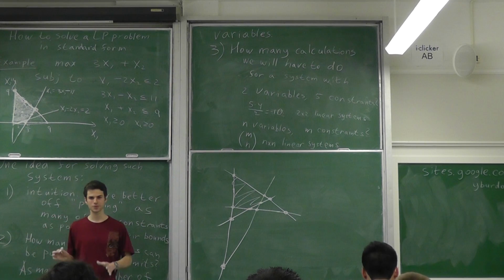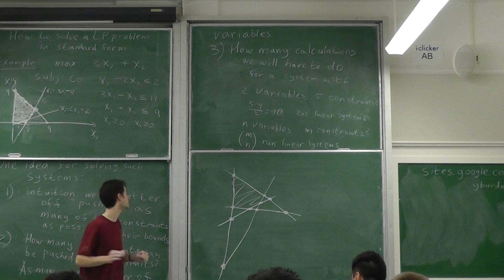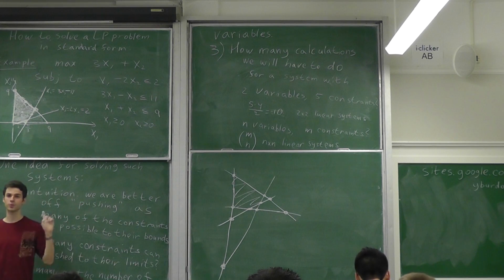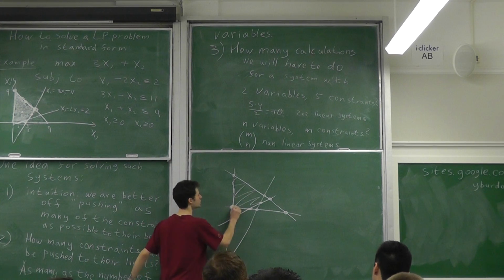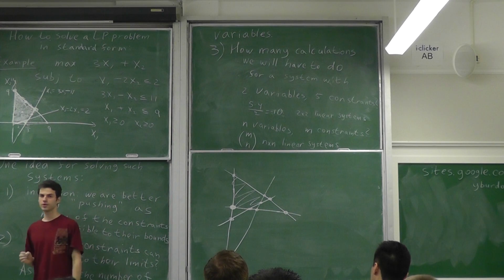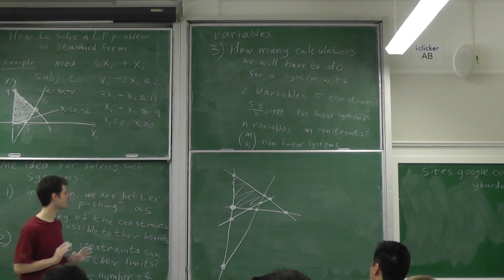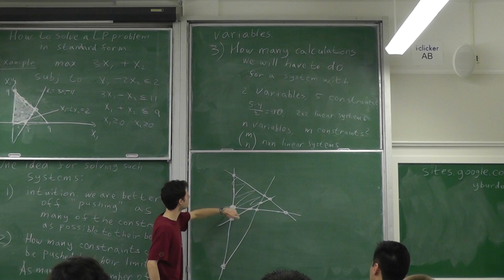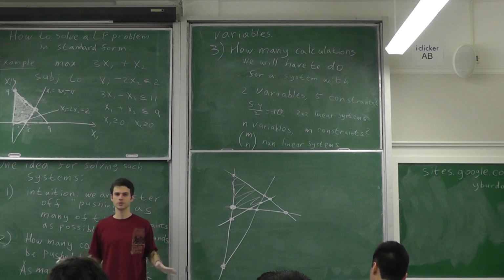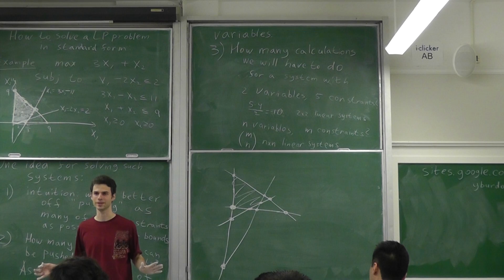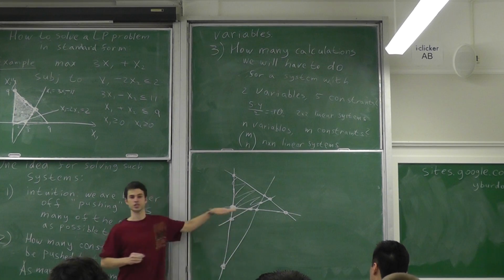Another idea which we will pursue is like this. It's quite easy to find, at least in our problem, one feasible solution. In fact, it was a solution right at this corner, 0, 0. Now let's try to increase our objective function. The algorithm will proceed like this. I have this point. At this point, my objective function is not likely to be the largest one. So let me consider this edge.